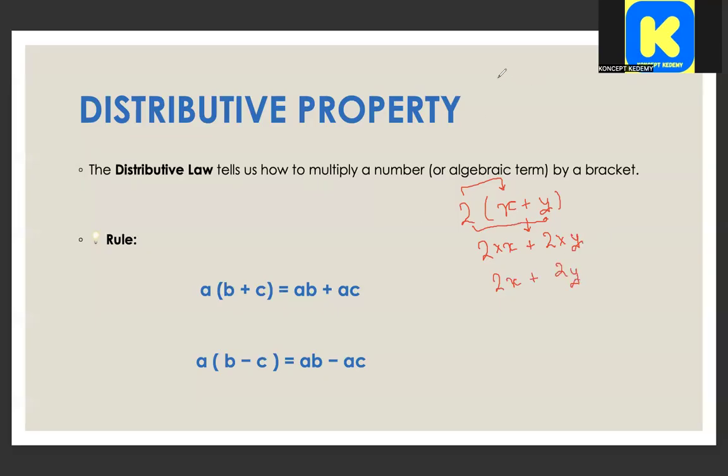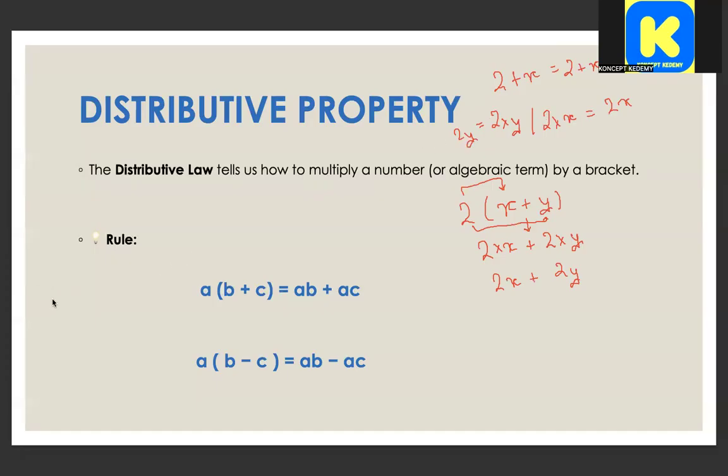Now, for a general understanding, I just want to let you know that 2 plus x is equal to 2 plus x. But if there is 2 into y, or 2 into x, that is 2x, and this one will be 2y. Okay, so now this is how we use the distributive property.